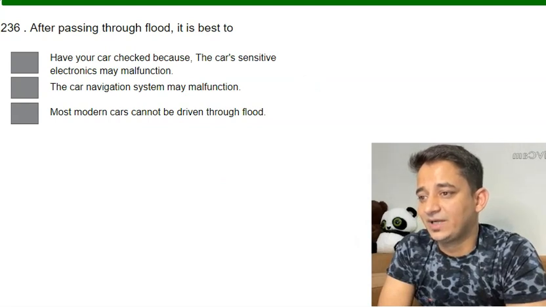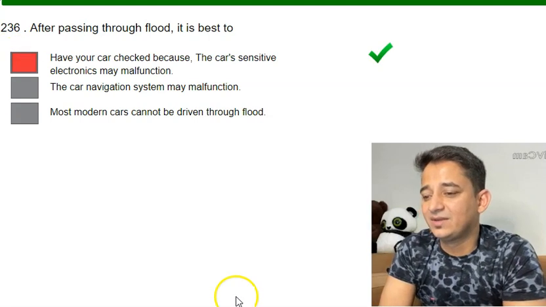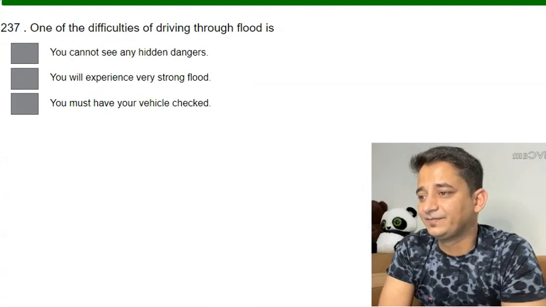After passing through a flood, it is best to have your car checked, because the car's sensitive electronics may malfunction, the navigation system may malfunction, or most modern cars cannot drive through a flood. The most correct one is the first, an easy one.